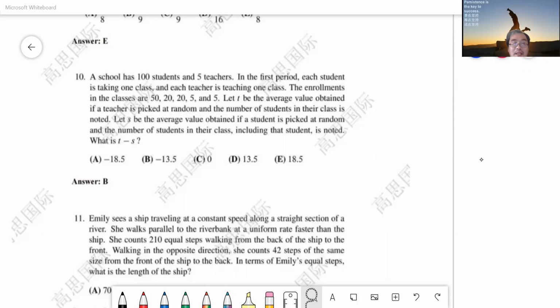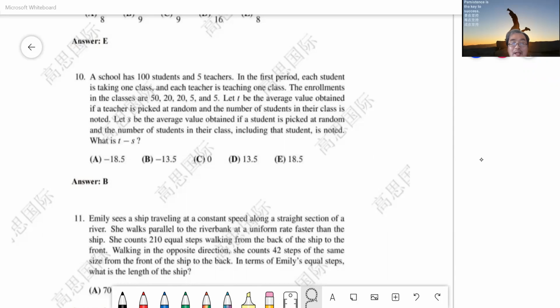Let's look at question number 10. A school has 100 students and 5 teachers. In first period, each student is taking one class, and each teacher is teaching one class. The enrollments in the classes are 50, 20, 20, 5, and 5.